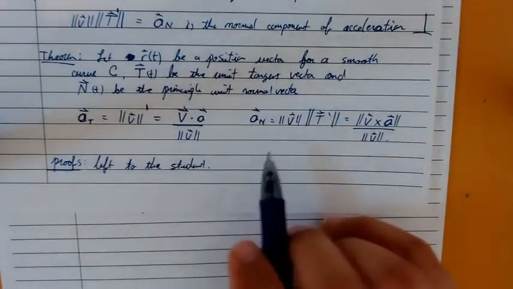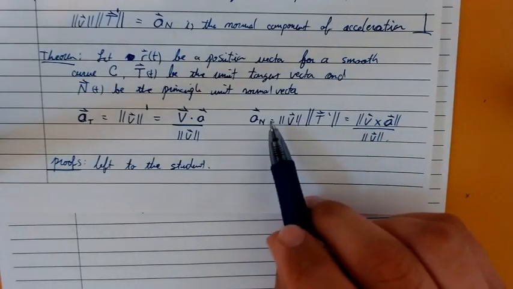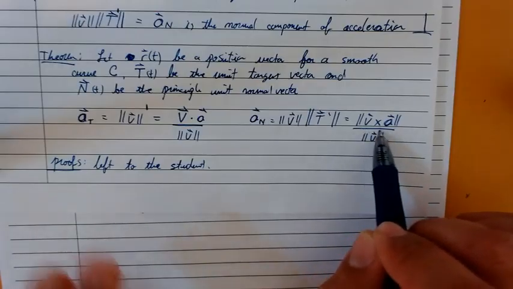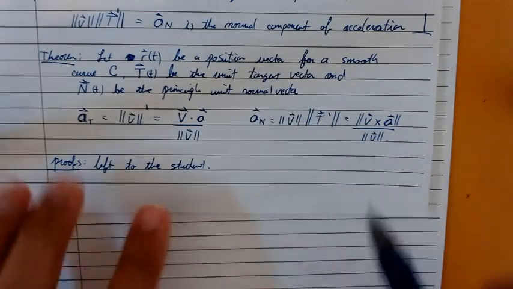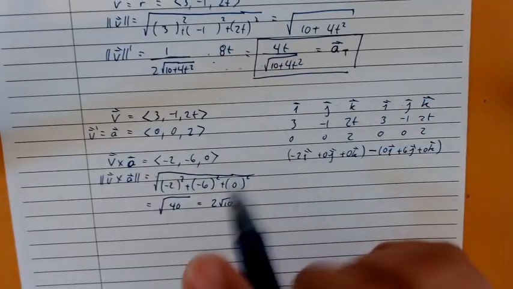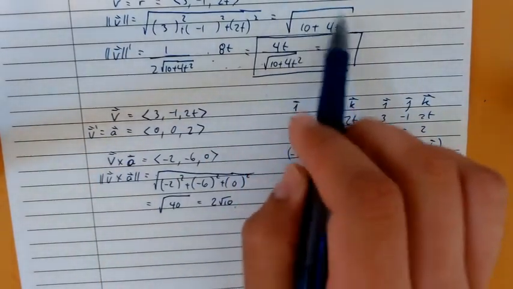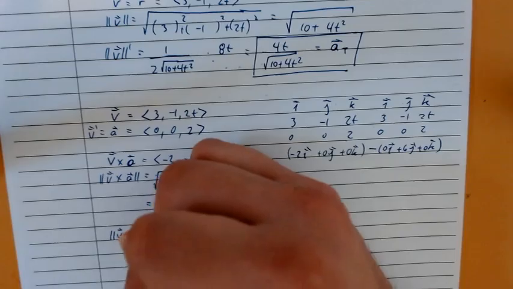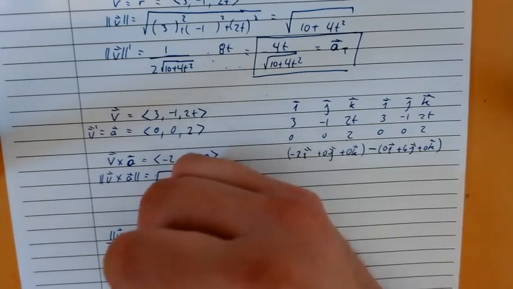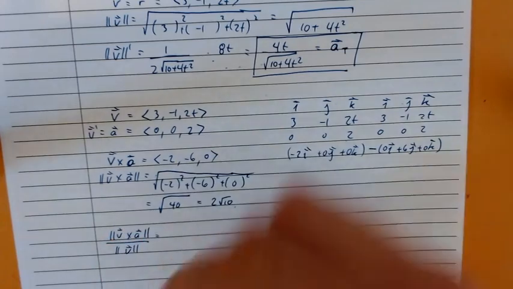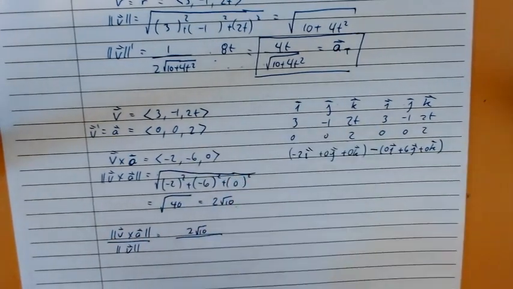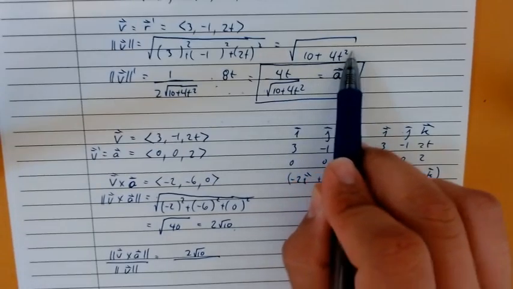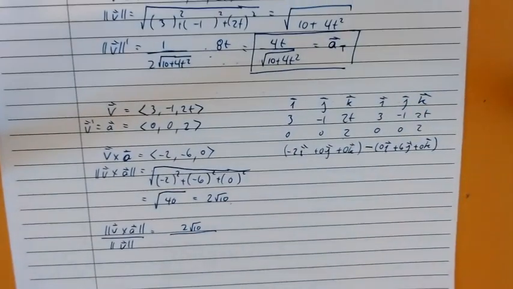So now, again, our theorem states that the normal component of acceleration is equal to the magnitude of the cross product of v and a, which we just found, divided by the magnitude of v. Well, we know the magnitude of v. We computed that a lot earlier. That was this expression here. So now we're going to take the magnitude of v cross a divided by the magnitude of v, and that's going to equal this constant, 2 root 10, divided by this function here, square root of 10 plus 4t squared, which we found in the previous part.